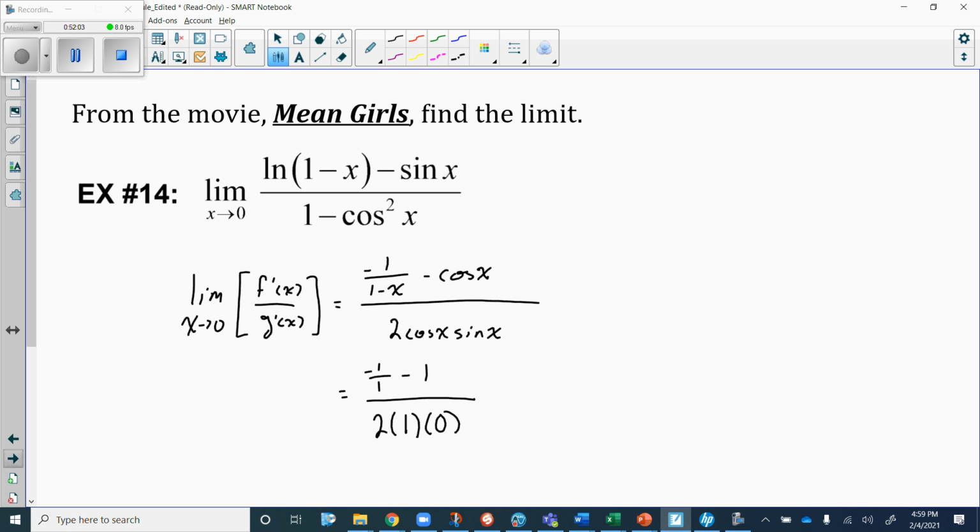So that works out to be negative 2 over 0, which is definitely not an indeterminate form. So in this case, the limit is undefined, or the limit does not exist, however you want to think of it.